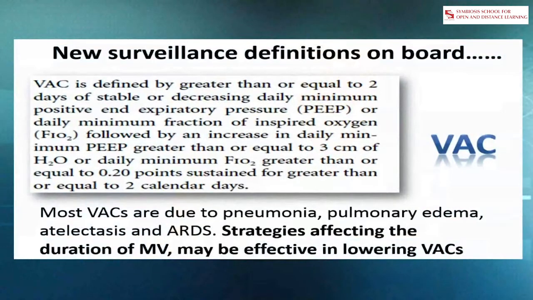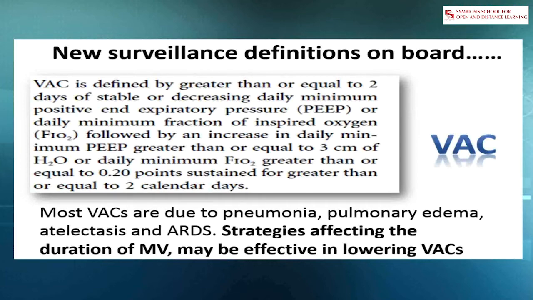So you understood that the VAC, or ventilator associated event, is defined by greater than or equal to 2 days of stable or decreasing daily PEEP or daily minimum FiO2, followed by an increase in daily minimum PEEP greater than or equal to 3 centimeter, or daily minimum FiO2 greater than or equal to 0.20 point, sustained for greater than or equal to 2 calendar days.